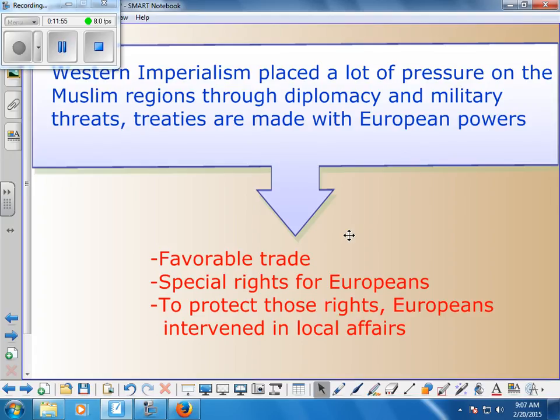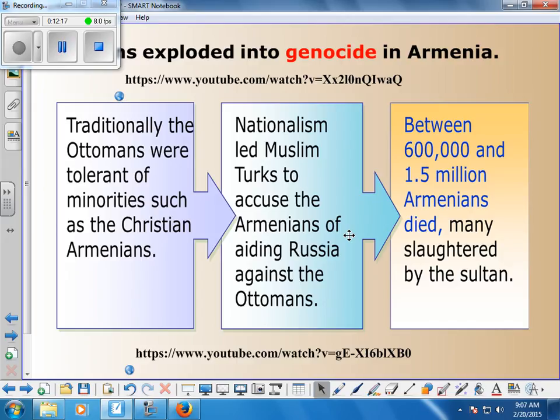And so these military threats become an issue, that most of these countries, who are not prepared to fend off the strong military might of these European countries, pretty much capitulate and allow the Europeans to, well, maybe not allow them, but pretty much the Europeans are able to do whatever they want.